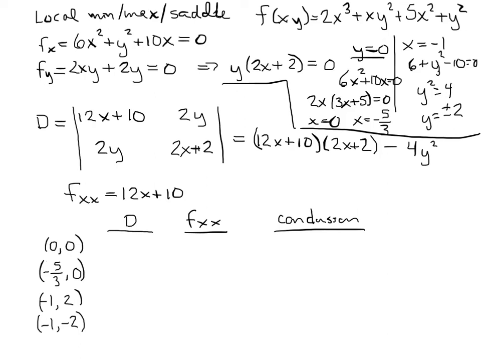Okay, so let's plug in 0, 0. I'm plugging in 0, 0 into this determinant. So when I plug in 0, 0, that takes away that whole y term. And then I'm going to have a positive value here because I'm going to have 10, and a positive value here because I'm going to have 2. So that determinant is positive. If you want to find the number, it's 20, right?